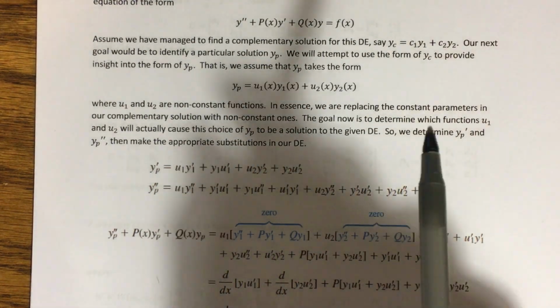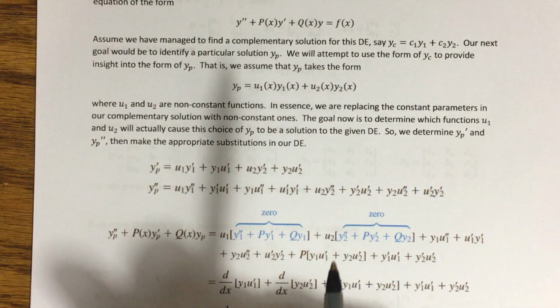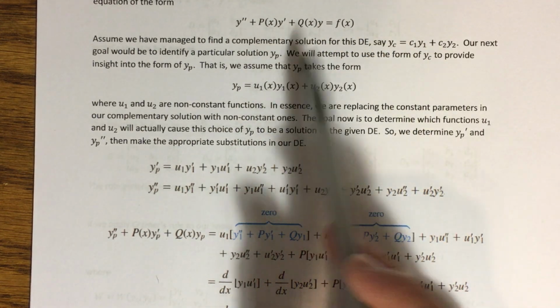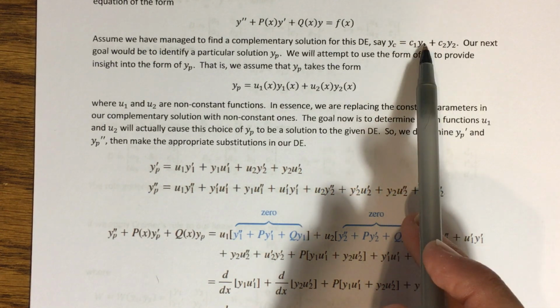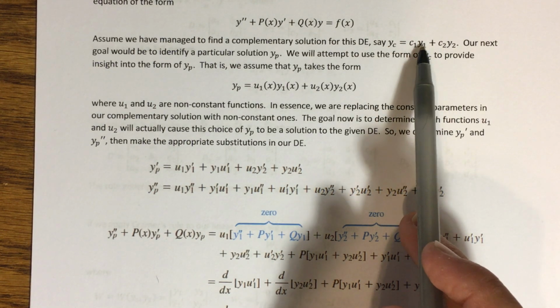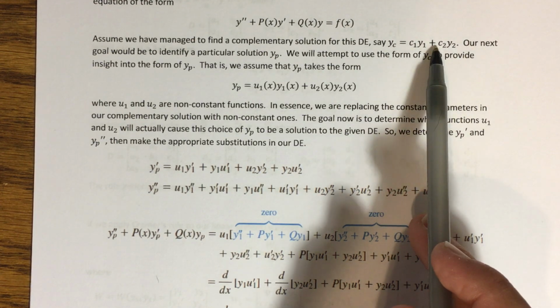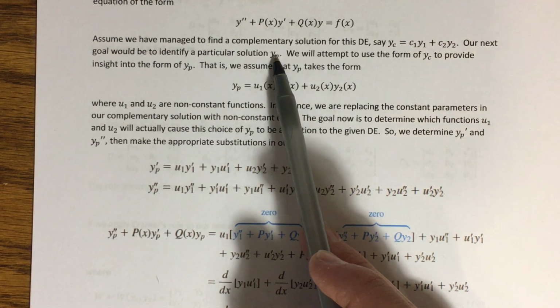Now the next goal naturally would be to find a particular solution so that we could put them together and create a general solution. But really the only thing that we have to work with is that complementary solution that we would have found ahead of time. So the goal here is to see if we can use our complementary solution in some specific way to come up with a particular solution.